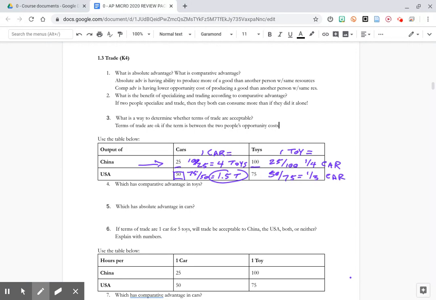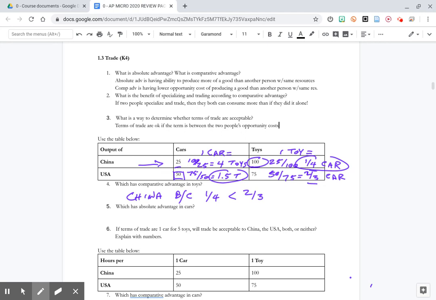A little brain fart there. 2/3, that's more than 1/4. So we would say the Chinese have the comparative advantage in making toys, because 1/4 is smaller than 2/3. And so what we're doing is comparing this value and this value.